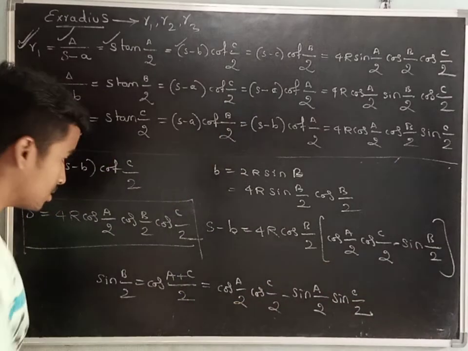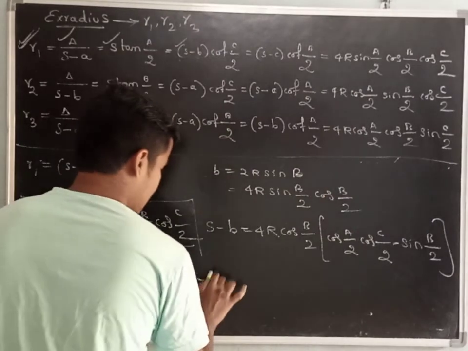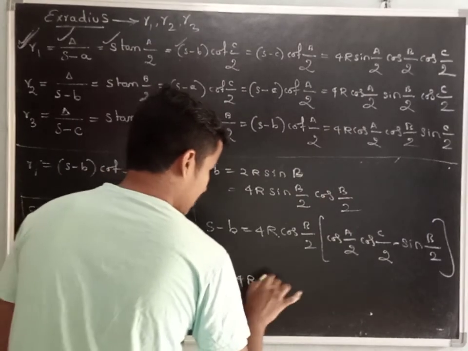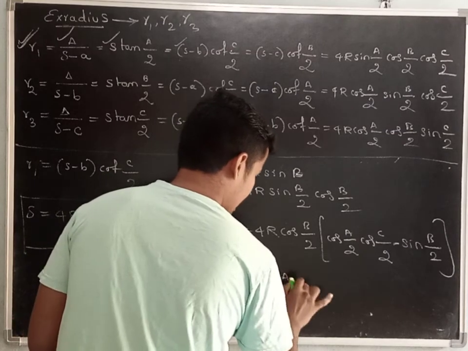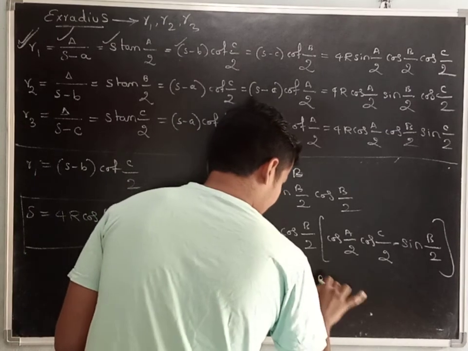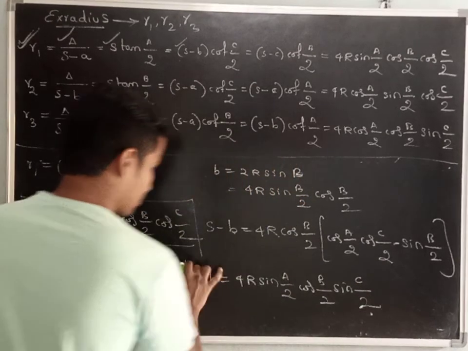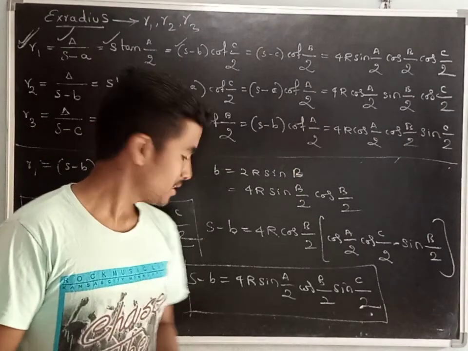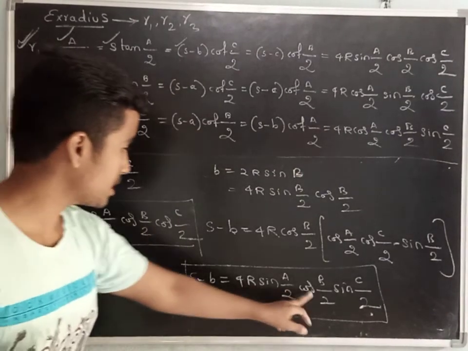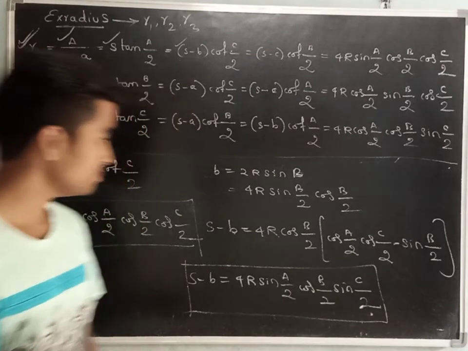Next I am going to get s minus b is equal to 4r sin a by 2 cos b by 2 into sin c by 2. Okay, s minus b is going to be 4r sin a by 2 cos b by 2 sin c by 2.